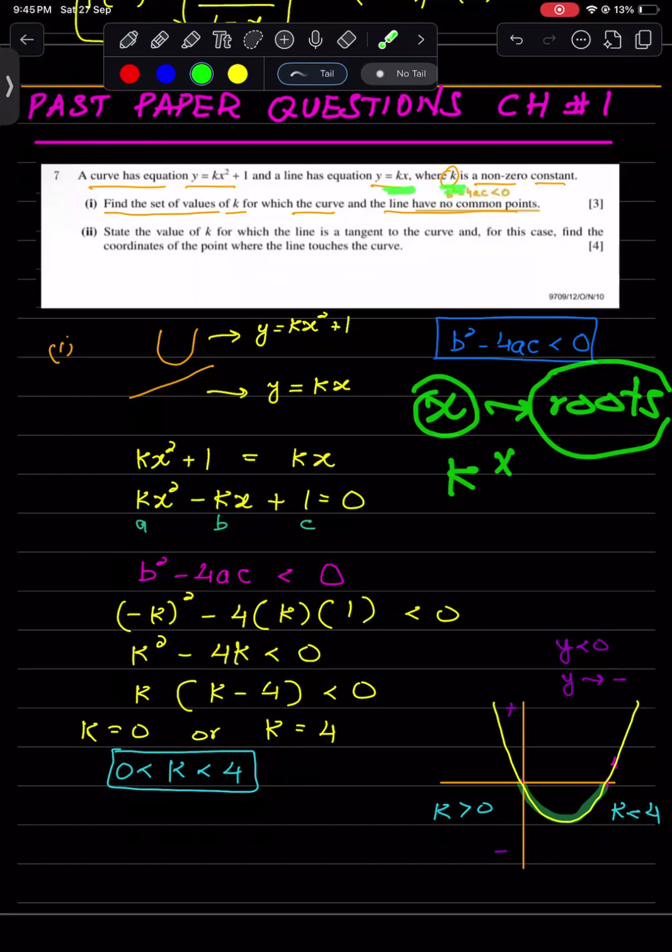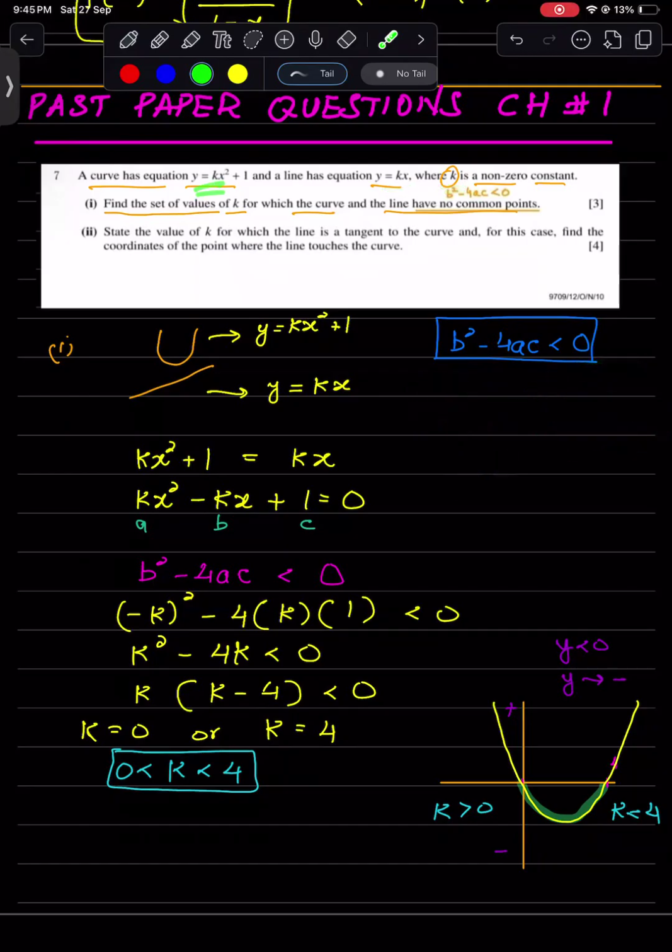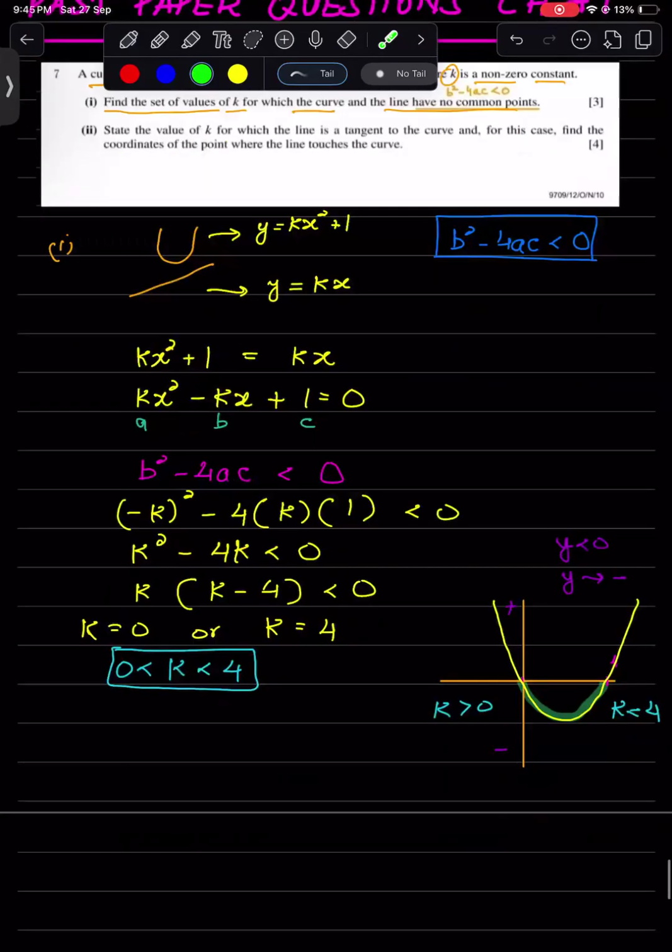That is a part of the equation. k is something different. k is a part of the equation. x are the roots. In this case, where discriminant is less than zero, x is never going to be real. It is something in the form of i. They are not talking about the roots of any of the equations. They are talking about x values.